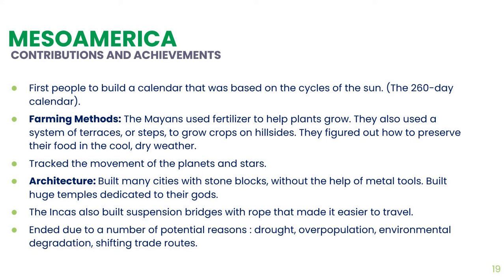When it comes to farming, they used fertilizer to help plants grow. And in fact, sa kanila din ma-attribute yan ang system of terraces or steps to grow crops on hillsides.